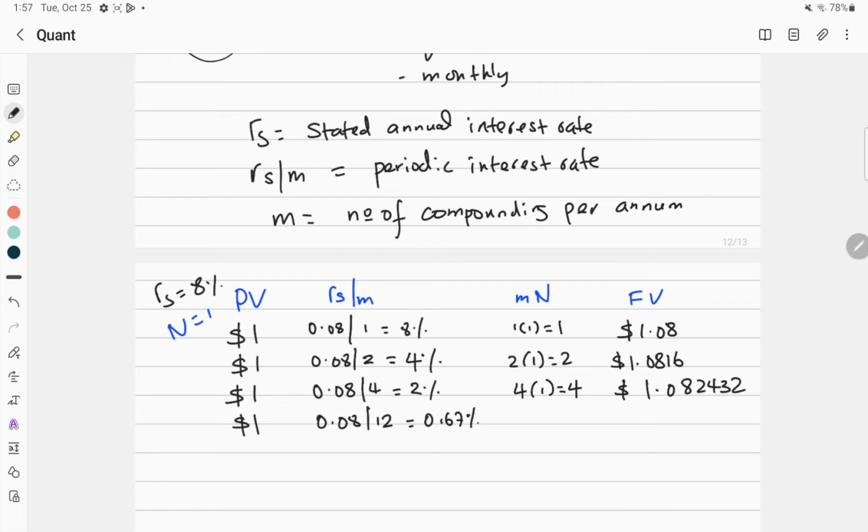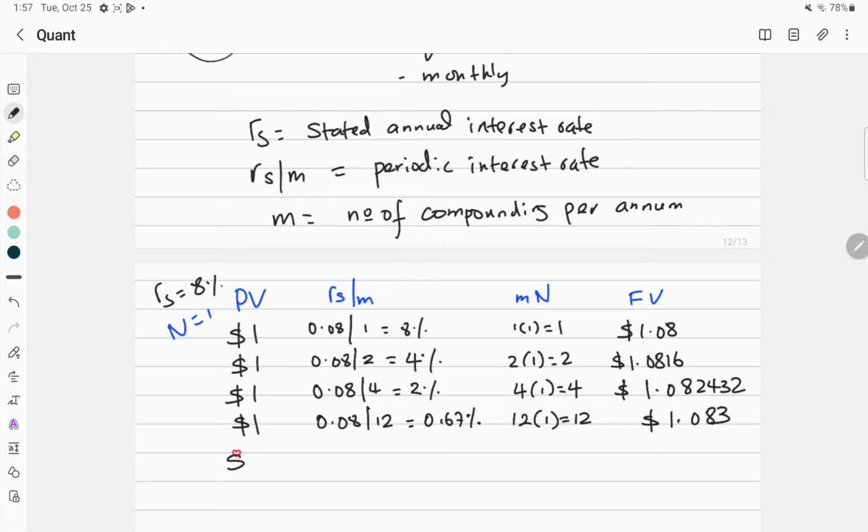Okay, so now we're compounding it 12 times in a single year. Our MN is 12, and this will give us a future value of about $1.083. Okay, now let's do daily compounding.